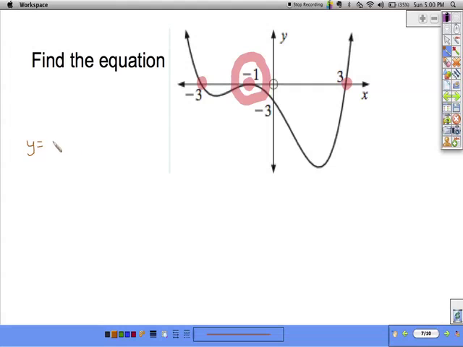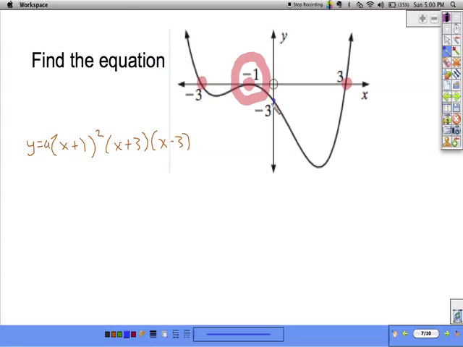So we can write this as y equals x plus 1 squared, because it hits the x-axis and bounces off again, and then x plus 3, x minus 3, and we can't forget about our friend the a out in front.